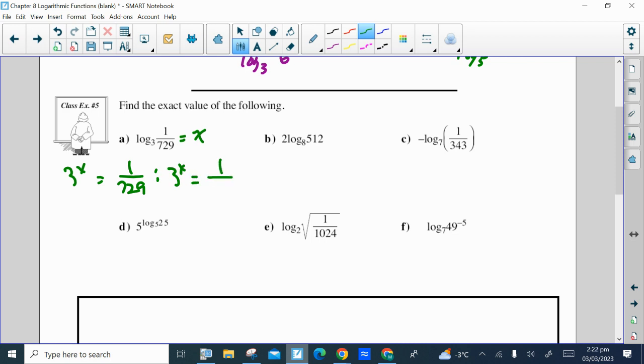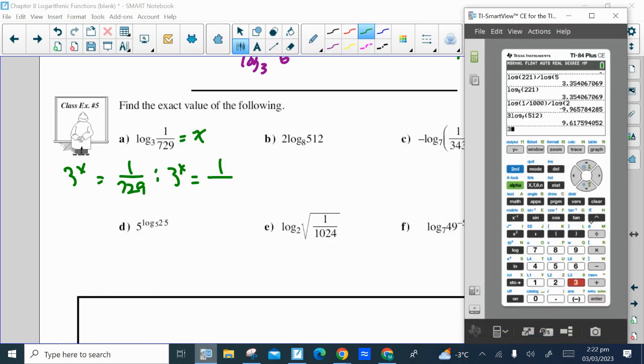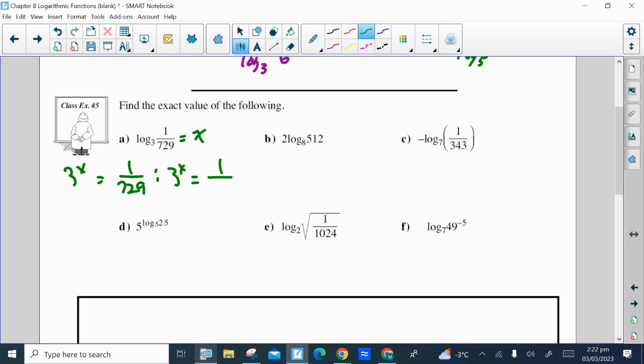We just have to do some trial and error to see 3 to what power is 729. I think it's going to be 3 to the power 6. Yes, it is. So then we can say 3 to the x equals 3 to the negative 6. So our answer for x is negative 6. If we write both sides as a power with the same base, then the exponents are equal as well.